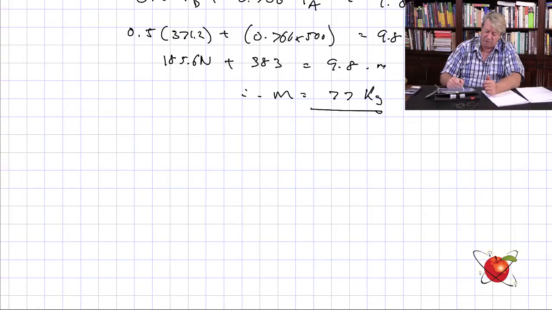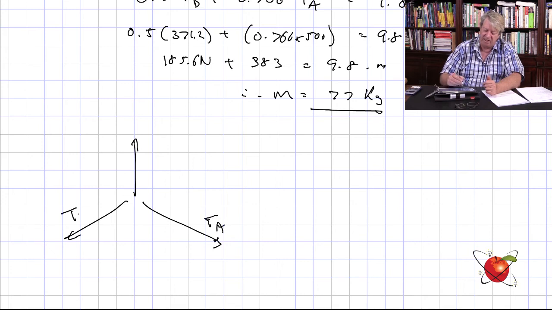Now, that's the typical one. When you've got the three forces, 1, 2, and 3, they could be the other way. For example, before we close off, you could have forces like this, where this could be TA and TB over here, and something could be pulling up of 100 newtons.